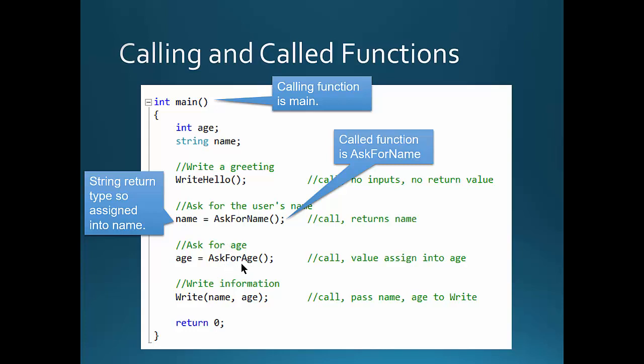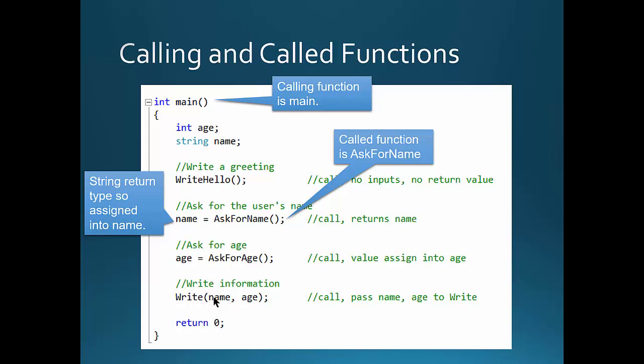Ask for age returned an int, and age, the variable which we're assigning the results into, is also an int. And then for the write function, we're taking the two variables which we got from those two functions and passing them into the write function. The write function will then write these two variables.